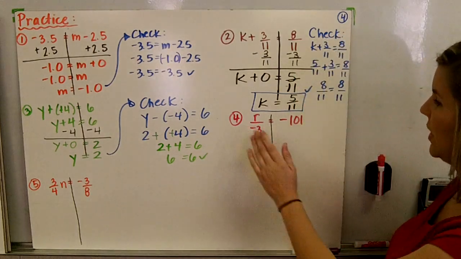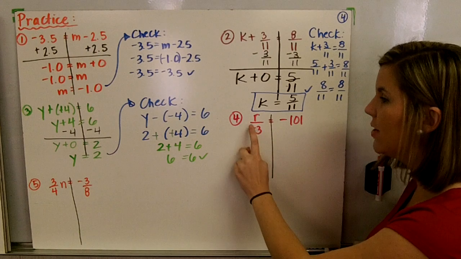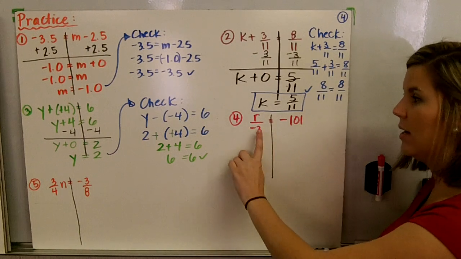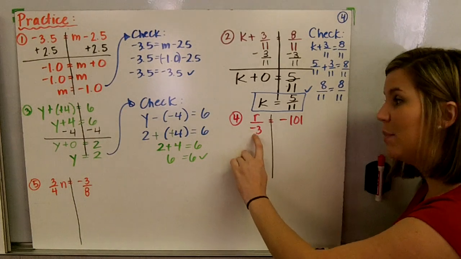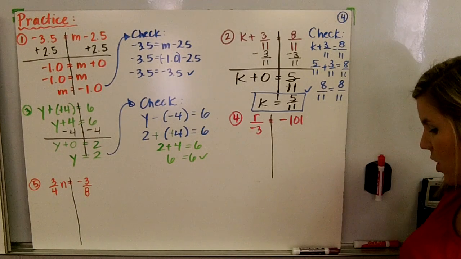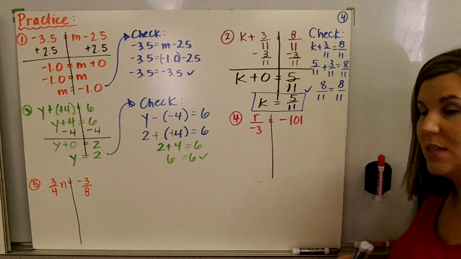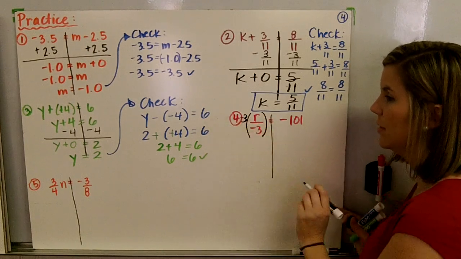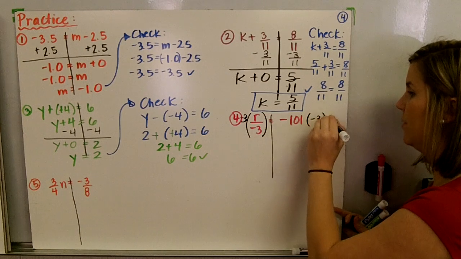All right, practice number 4. R divided by -3 equals -101. Now, I need to get rid of the divided by -3. So the opposite would be to multiply both sides by -3. So -3 here and times -3 here.